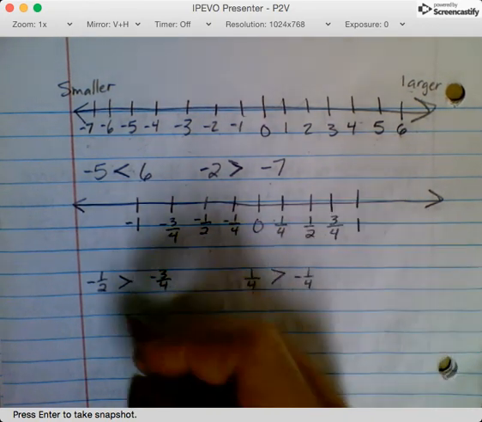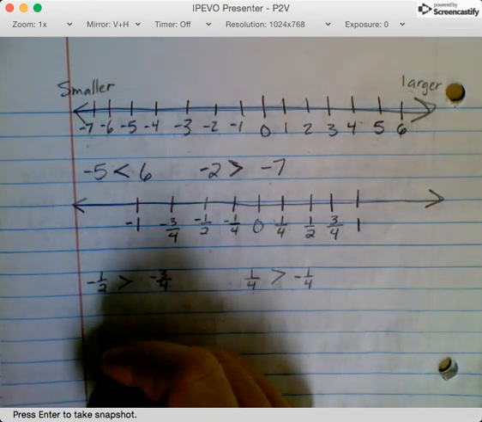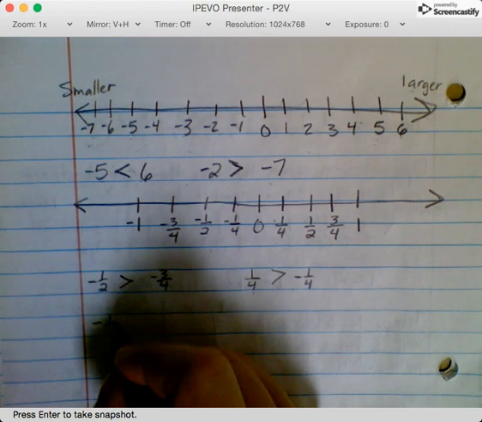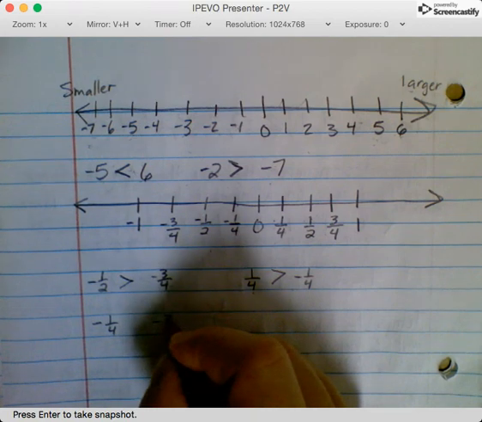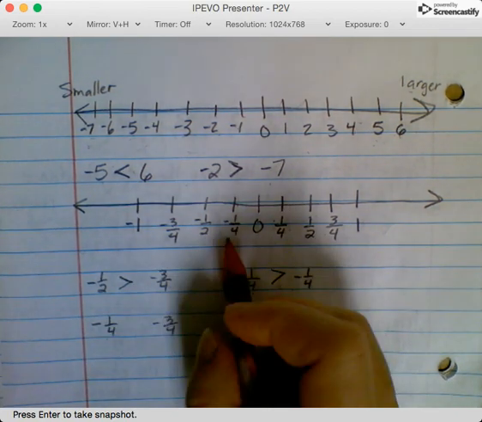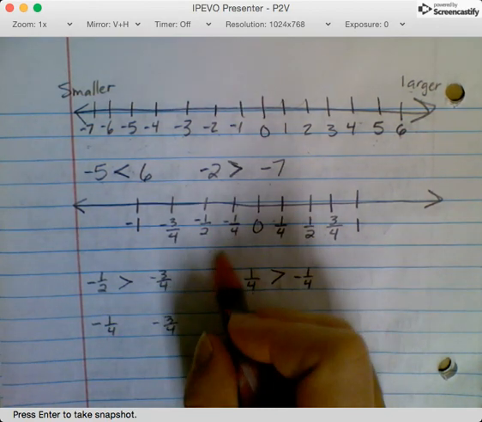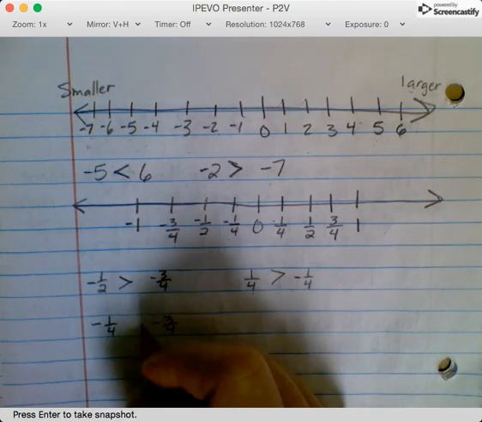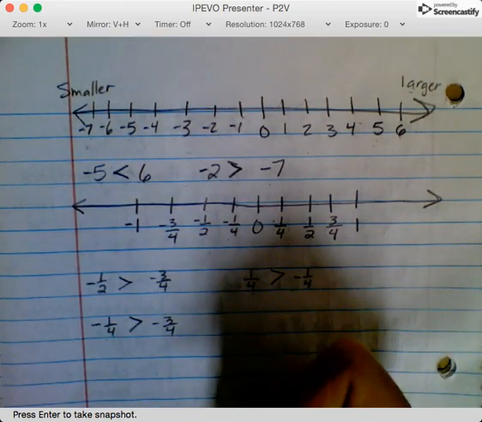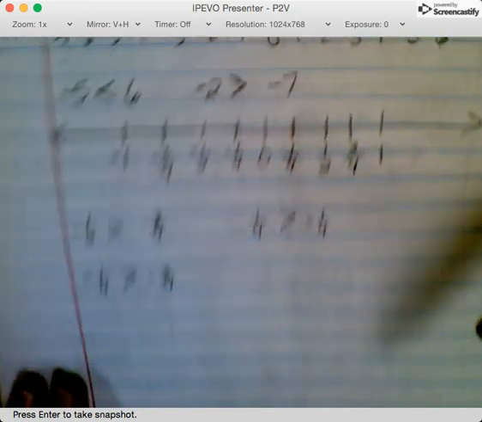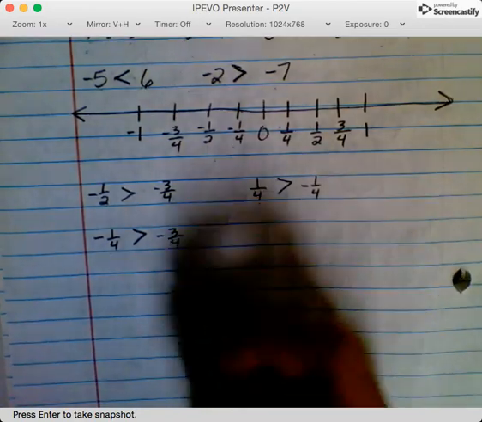Okay. Let me give you another example. -1/4, -3/4, and my 1/4 would normally be smaller, but since we're on the negative side, it's the opposite, so -1/4 is greater.